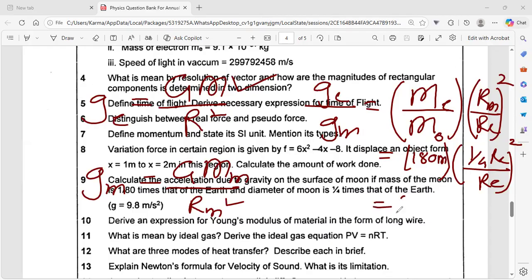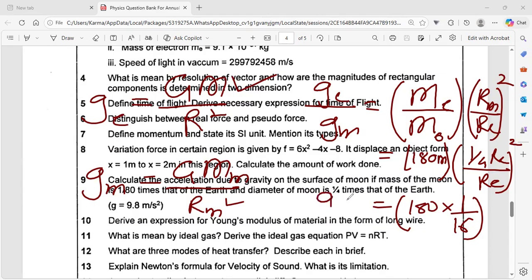So it's going to be 80 into 1 by 16. Diameter and radius mean the same. It doesn't make a difference.